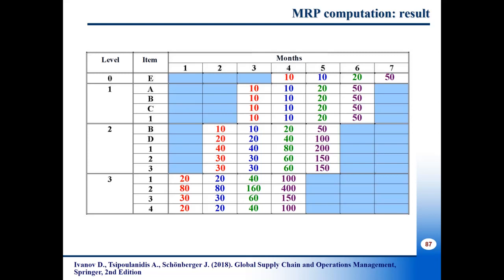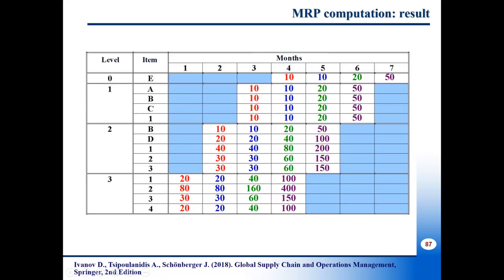Net requirements for the items at the first level should be shifted according to 1 month of lead time, meaning that items A, B, C, and 1 must be available 1 month prior to the delivery of the end item in each delivery period, months 4, 5, 6, and 7. Therefore, it is shifted from left to right by 1 month.